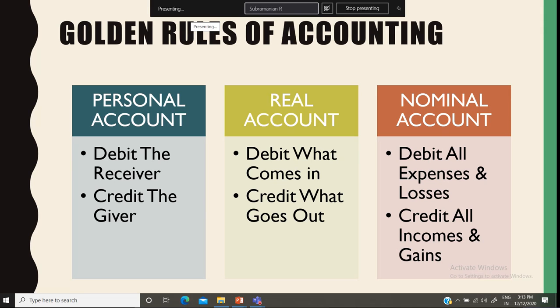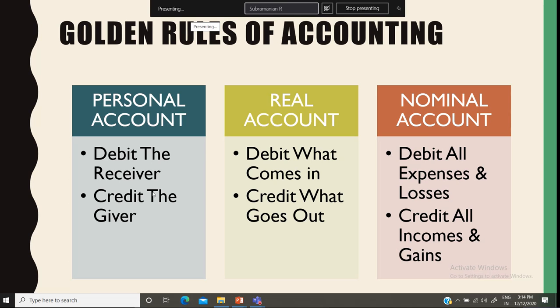If Y is going to receive that amount from me, then I have to debit Y account, or X account, whoever is going to receive. I am A Limited, maintaining my books of accounts. If I am paying on a particular day, I have to debit Y account only.